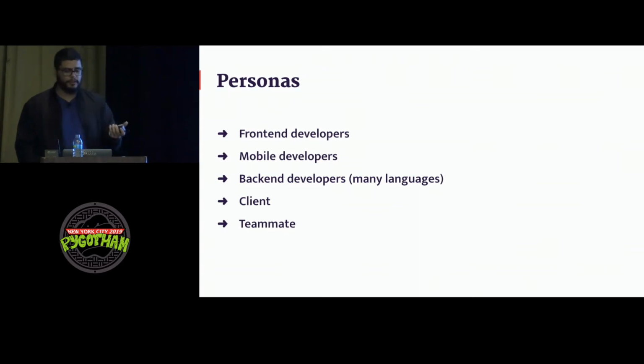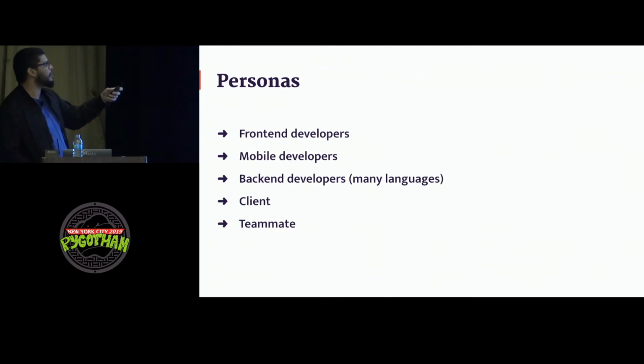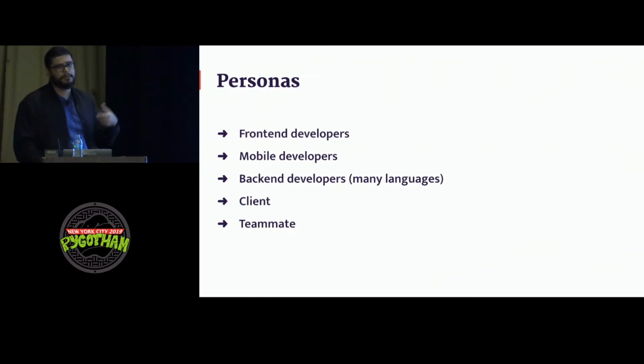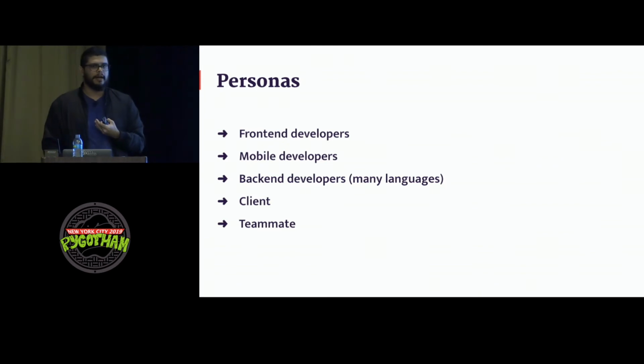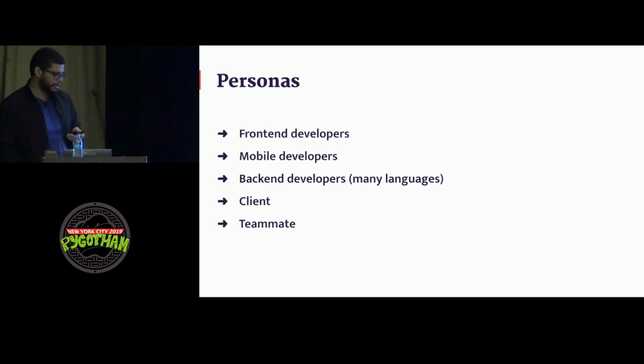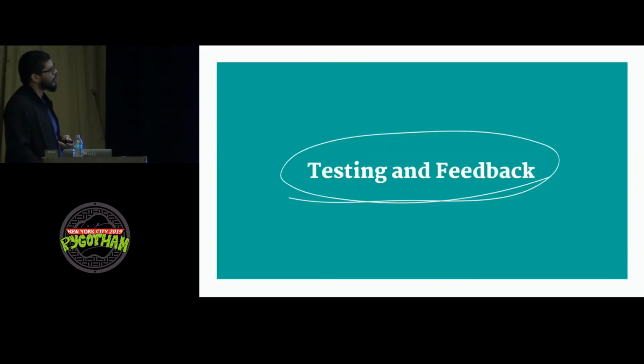So we have different developers from different backgrounds, and we need to understand who they are and how we can help them. So we have different backgrounds: front end, mobile, back end, be it client, teammate, public users. All those need to be taken care of when you're designing an API. Also, testing and feedback.